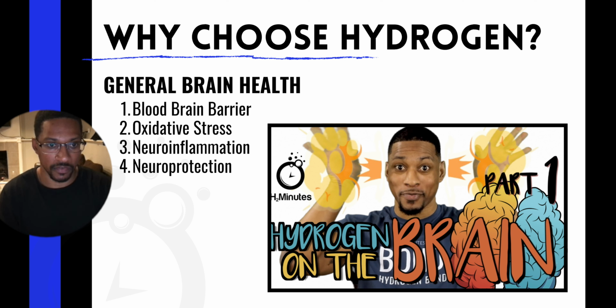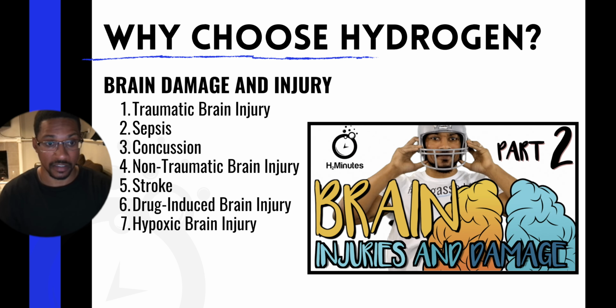The first video is for general brain health. We talk about how hydrogen can benefit, protect, and enhance the blood-brain barrier, reduce oxidative stress, address neuroinflammation, and has neuroprotective effects.